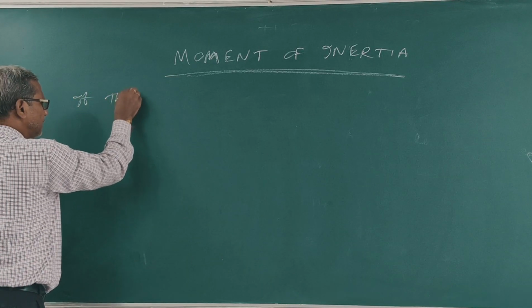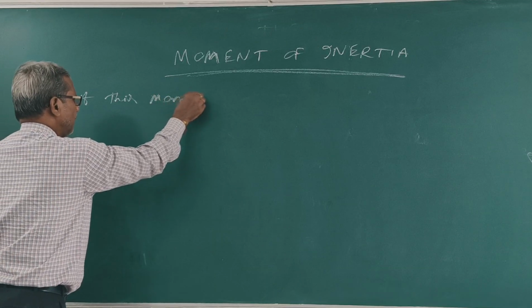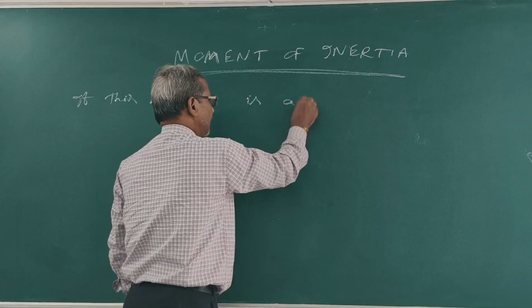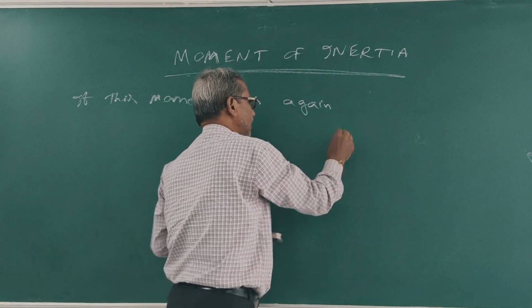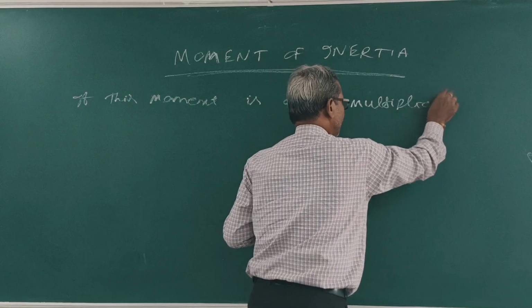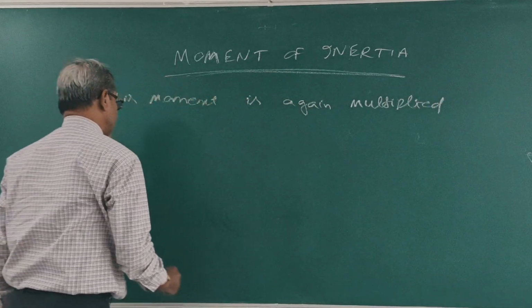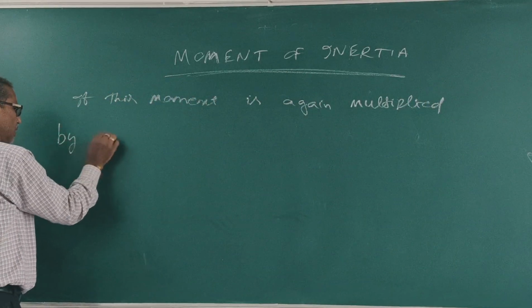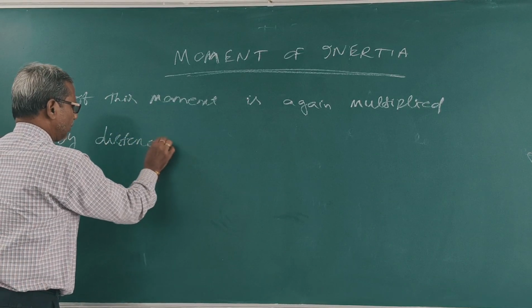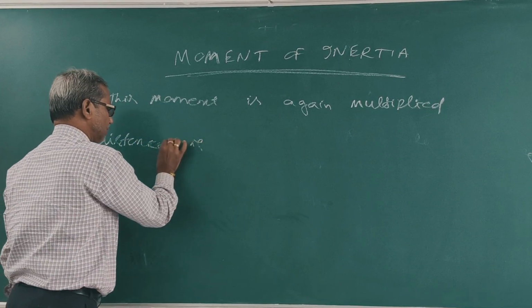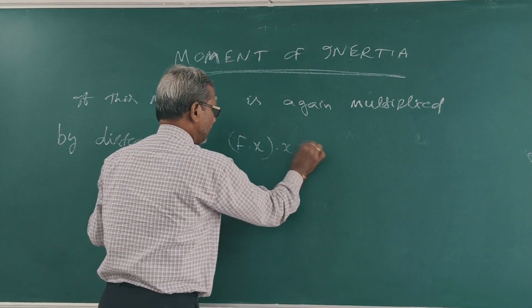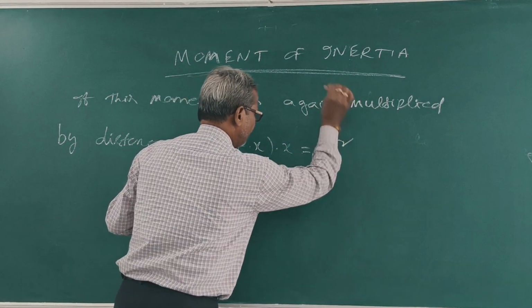If this moment is again multiplied by distance, that is F into x into x, F x square.